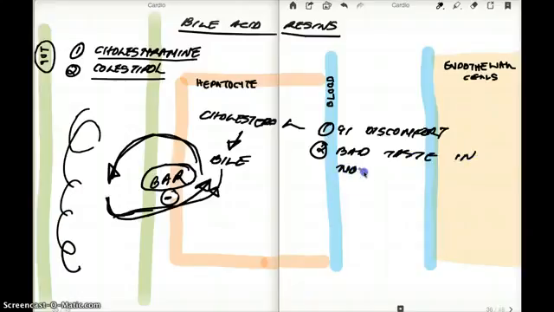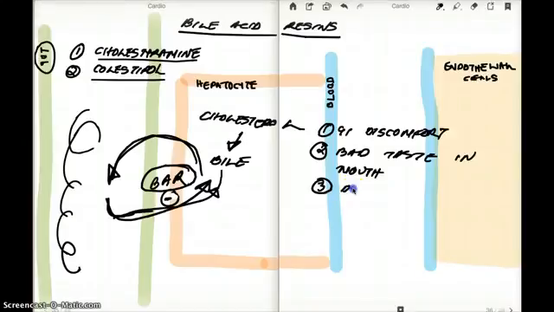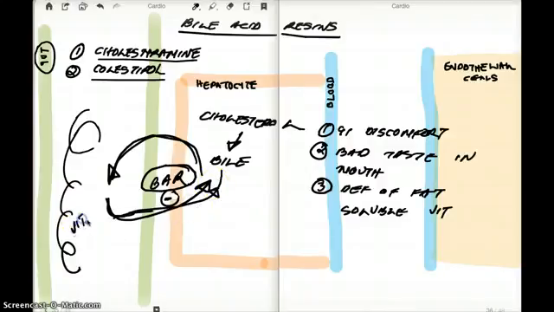They're also going to have deficiency of fat soluble vitamins, because if you don't absorb the fat back into the hepatocyte or into the blood, you are not absorbing the vitamins that are coming through food, right? And you know that fat soluble vitamins need to be absorbed with the fat, right?